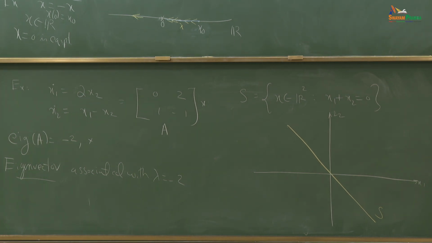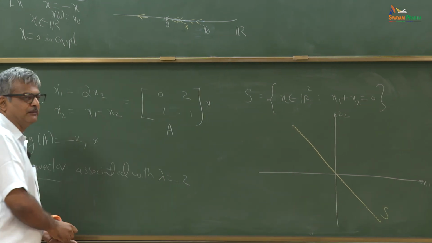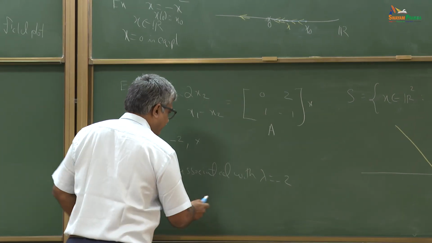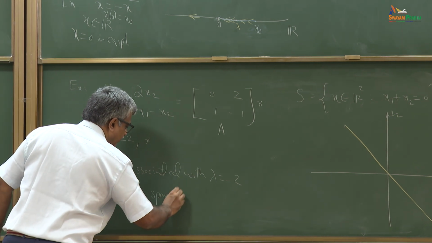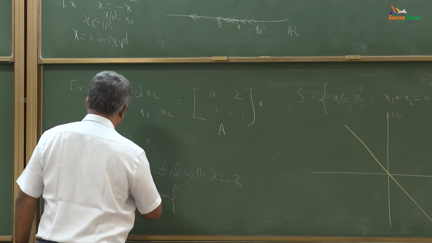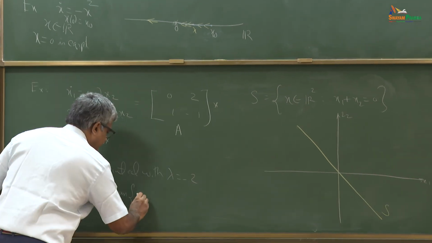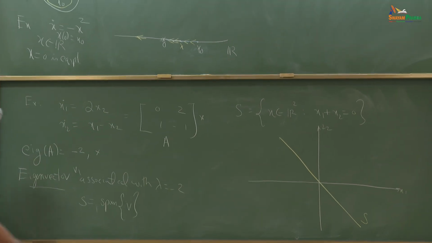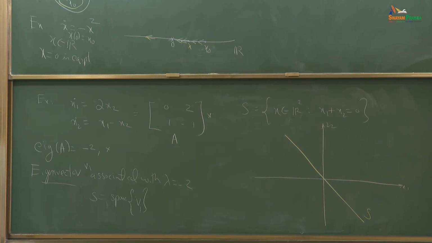I already gave you some clues on the board. It's the eigenvector associated with lambda equal to -2, right? So in fact, this S is nothing but the span of, say if I call this V1, there are two eigenvectors, but I'm just focusing on this one. There will be another eigenvector also.